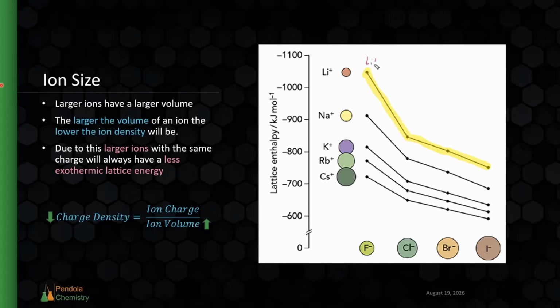So this is LiF, LiCl, LiBr, and LiI. So we can see that if we keep the cation the same, but change the anions, as the anion gets larger, the lattice energy decreases. And again, that's the same reason. As the ions are larger, the attraction between the ions is going to be weaker, making the lattice energy less exothermic.